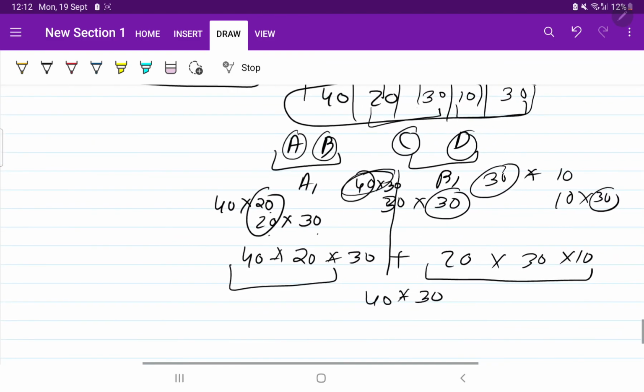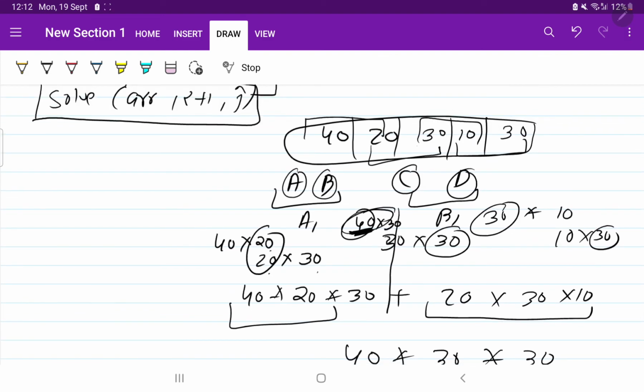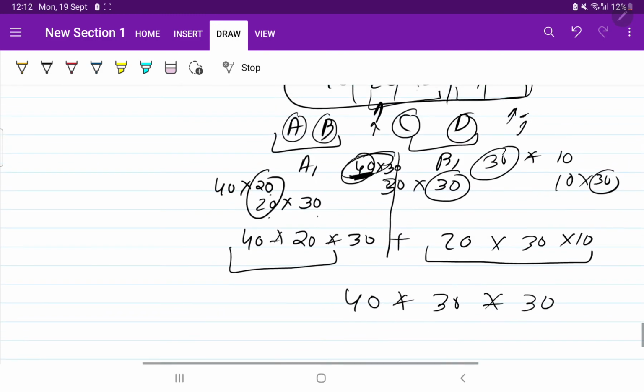Perfect. But to find the cost of the final, what is going to be happen? 40 into 30 into 30. So 40 is the AI, I can say first element. Okay, I is here and J is here. So what is 40? A of I minus 1.